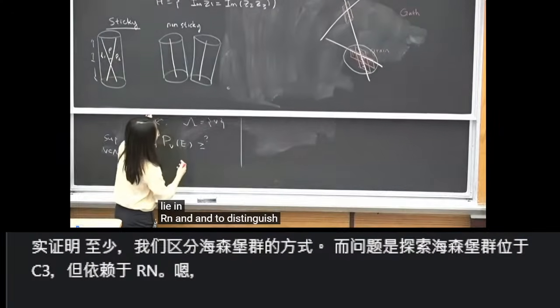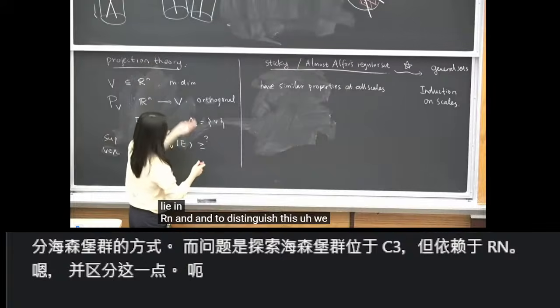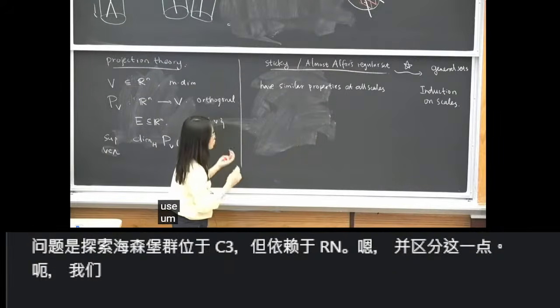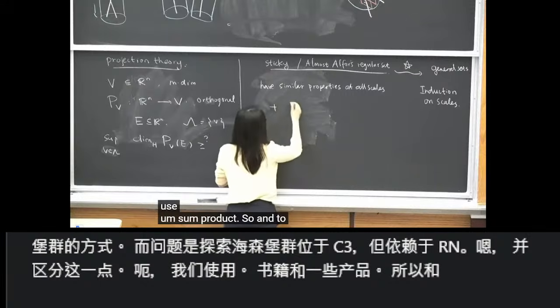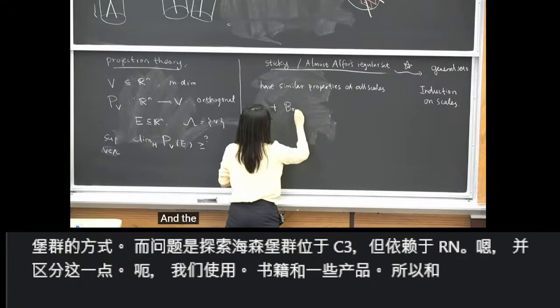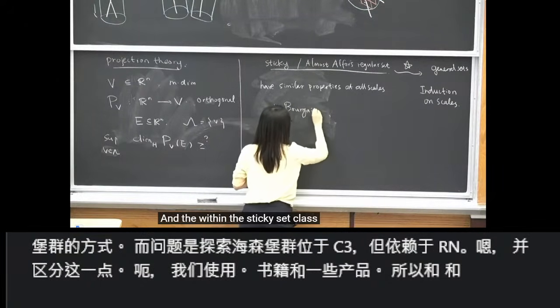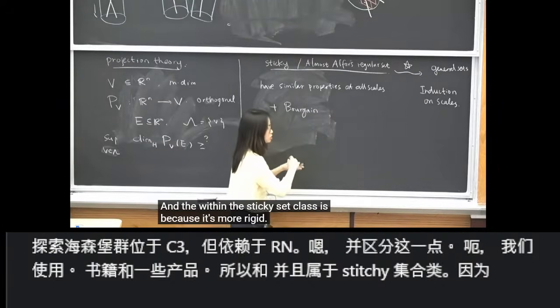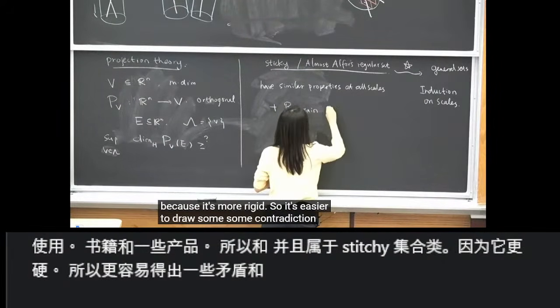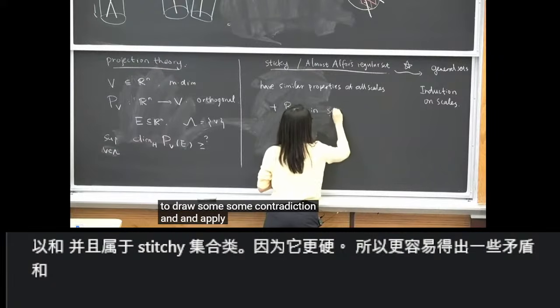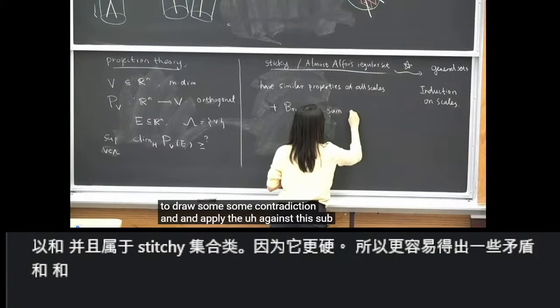And to distinguish this, we use Bourgain's sum product. Within the sticky set class, because it's more rigid, it's easier to draw some sort of contradiction and apply Bourgain's discretized sum product.